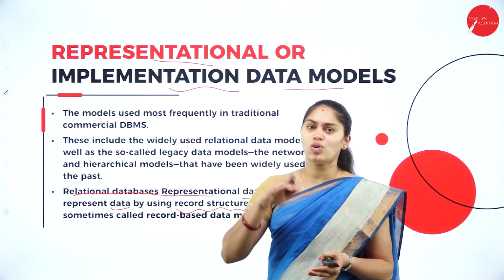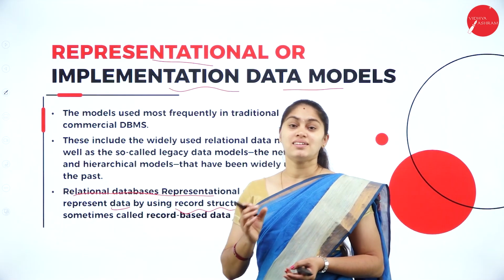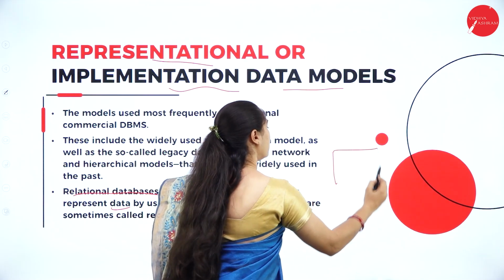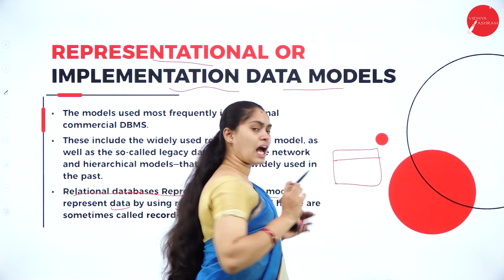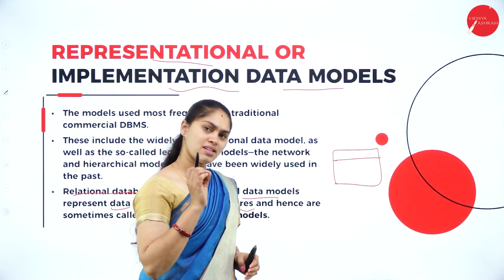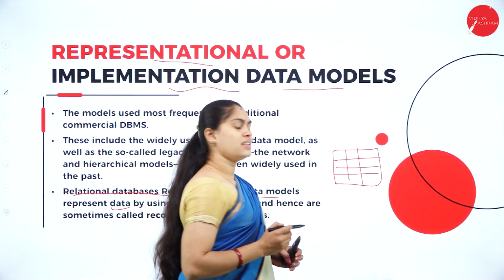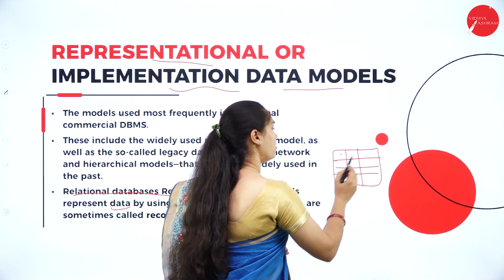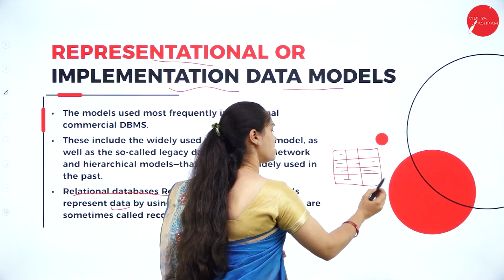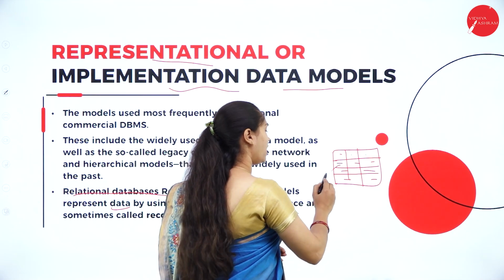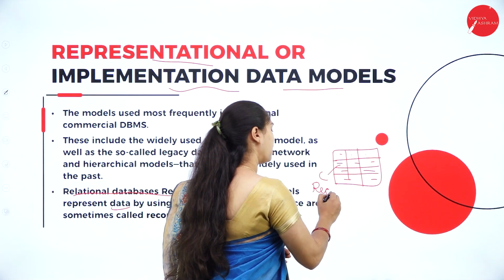We call those rows tuples or records. If I say RDBMS or a relational database, that always deals with tables. A table comprises columns and must include rows. We call these rows records or tuples.